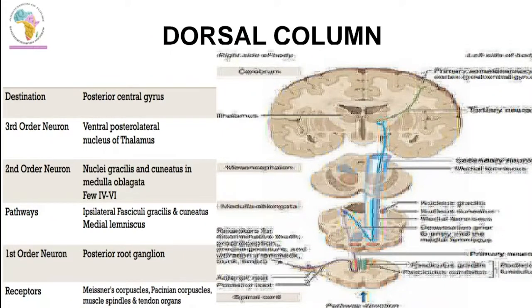So their interpretations are done, and the brain interprets the information, and a response is sent via the descending tract. So basically, that's what I wanted us to understand.